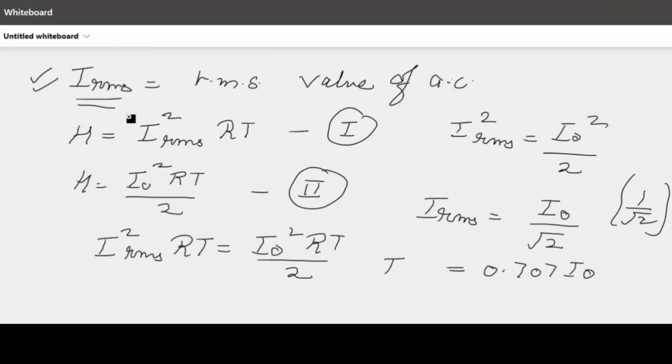So this is the value of the root mean square current in terms of the maximum current.